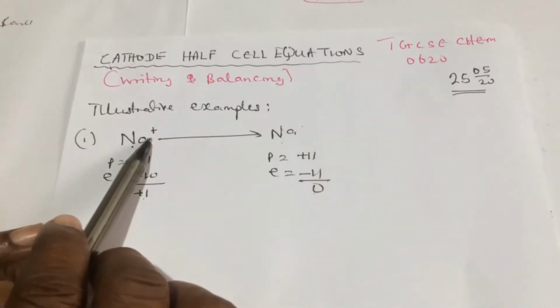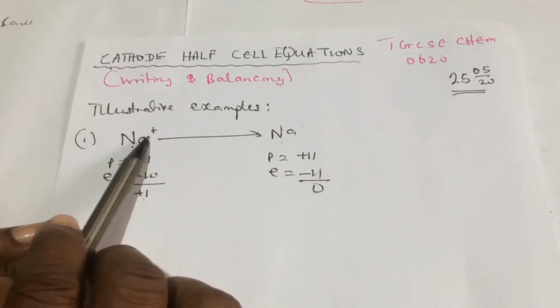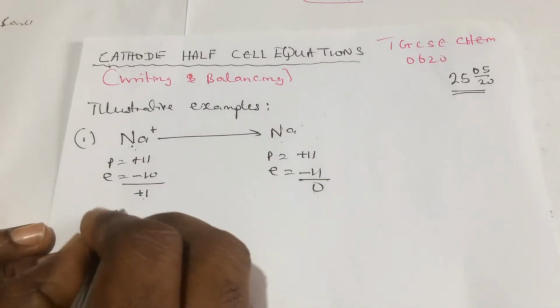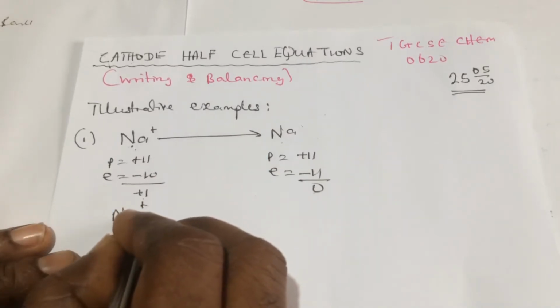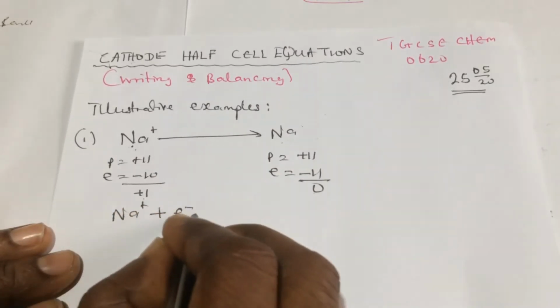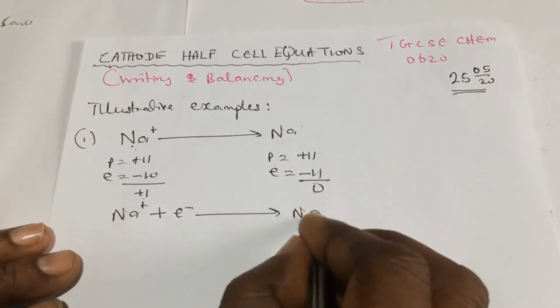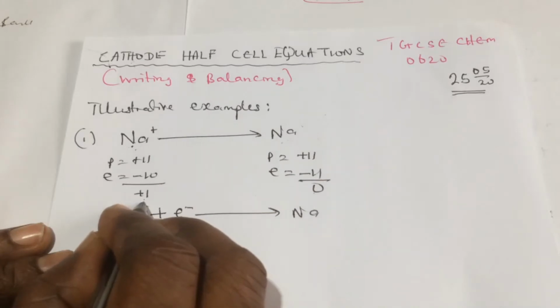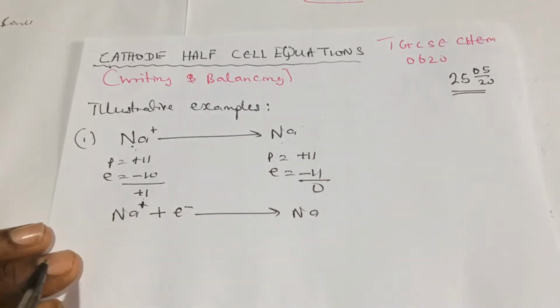How do I neutralize this? I need to add electrons. Cations usually gain electrons from the cathode. So sodium will need to gain an electron, right? This electron is from where? The cathode, flowing from the external circuit.